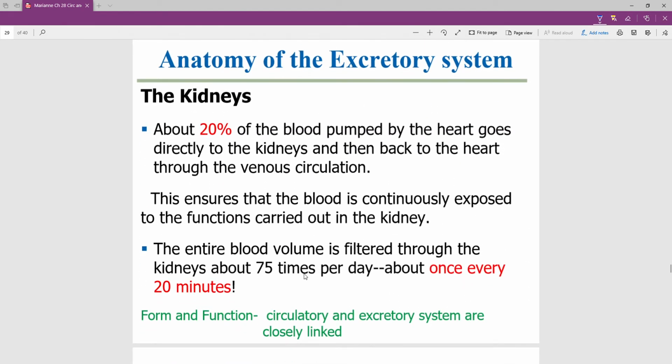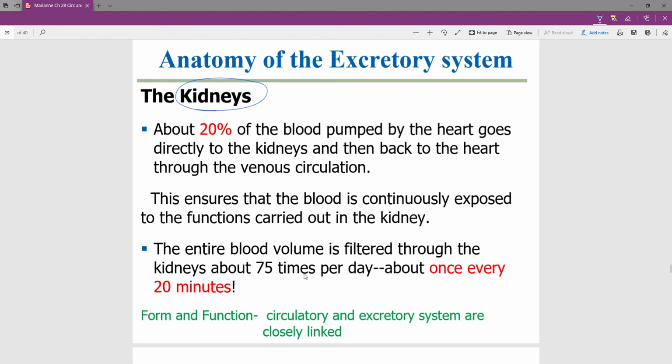If we were to take a look at the anatomy of the excretory system before we get into the physiology of it, the key thing we're going to really focus on are your kidneys. About 20% of your blood at any contraction of the heart is bound for the kidneys.